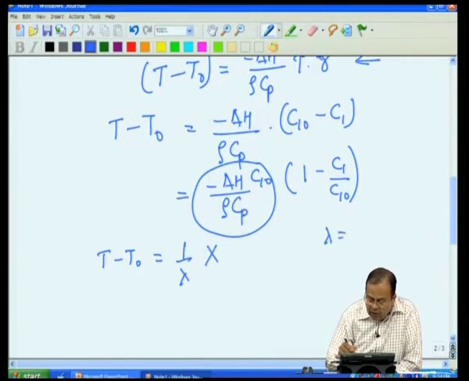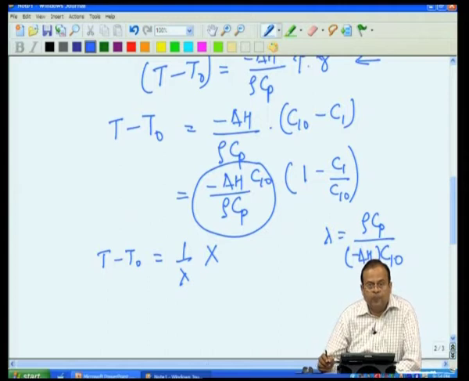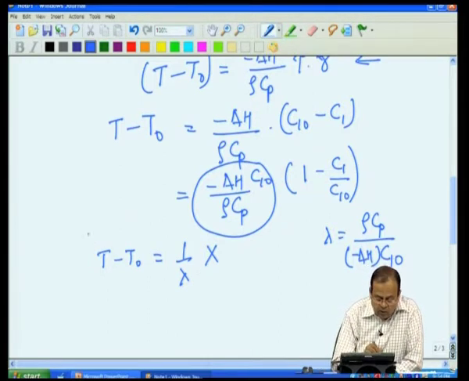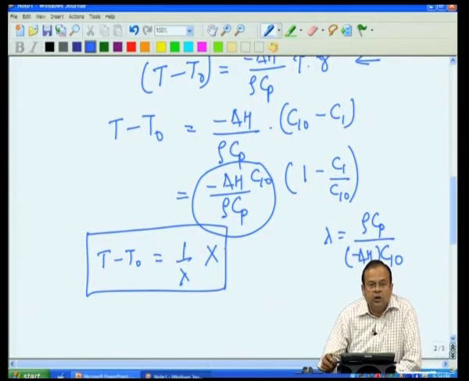Our lambda, as we have defined, is rho Cp divided by minus delta H into C10. So, this is our relationship between temperature and conversion for an adiabatic reactor, for a single reaction taking place in an adiabatic reactor.